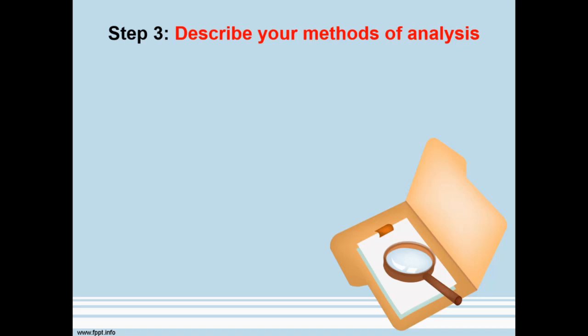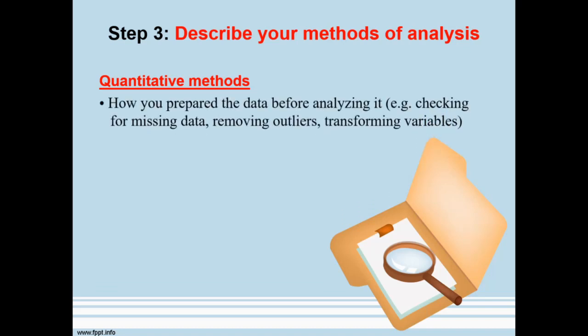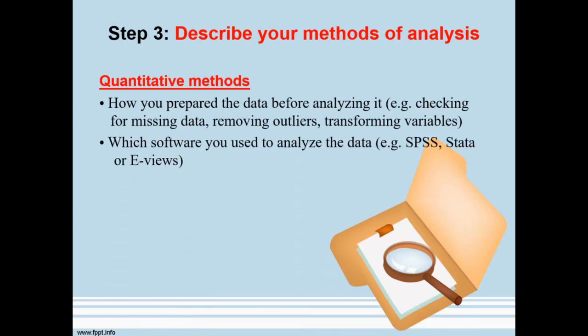For instance, under quantitative methods, your analysis will be based on numbers, and as such, in the method section, you should include 1. How you prepared the data before analyzing it. Example, checking for missing data, removing outliers, or transforming variables. 2. Which software you used to analyze the data.